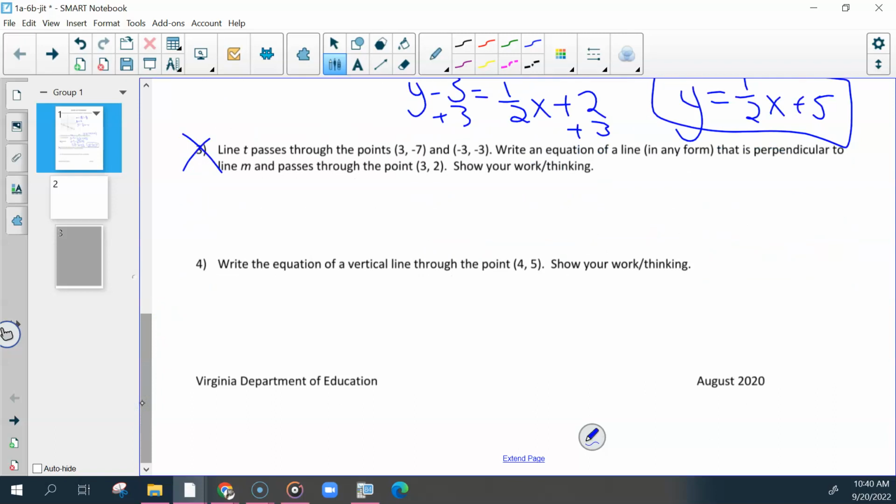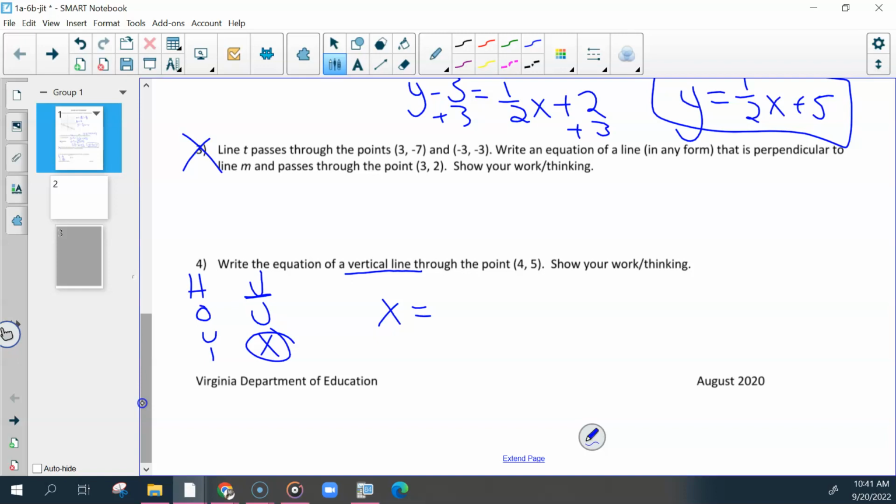Then this last one asks us to write an equation of a vertical line. If we hear the words vertical or horizontal, we should be thinking of those special forms. Vertical would be an x equals. So our equation is going to be x equals some number.